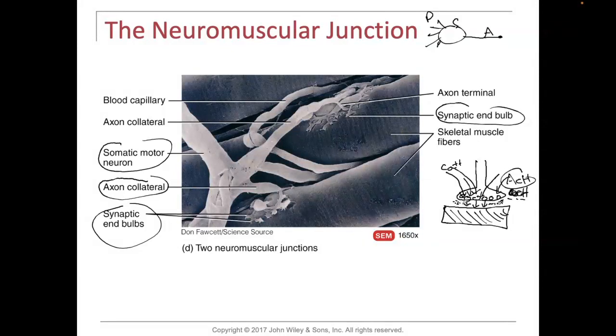This gap, or this space between the neuron and the muscle, is called the neuromuscular junction. But this gap, or this space right in here, is called a synaptic cleft. The synaptic cleft is the space where acetylcholine needs to be released to cross the rivers here to get back to land, which is the muscle.